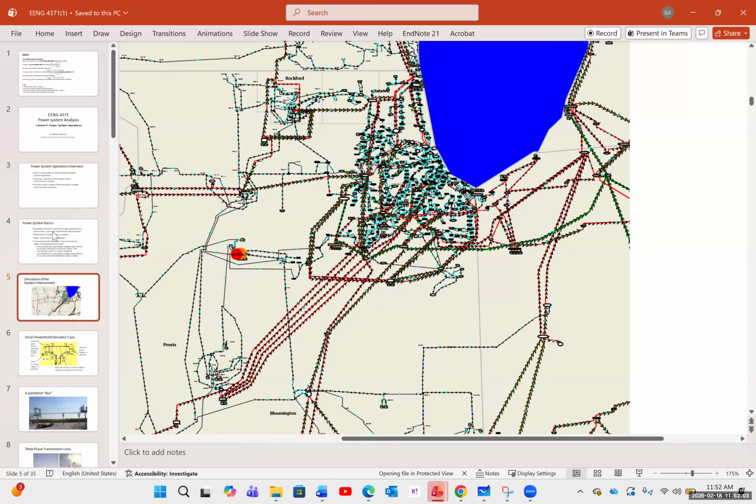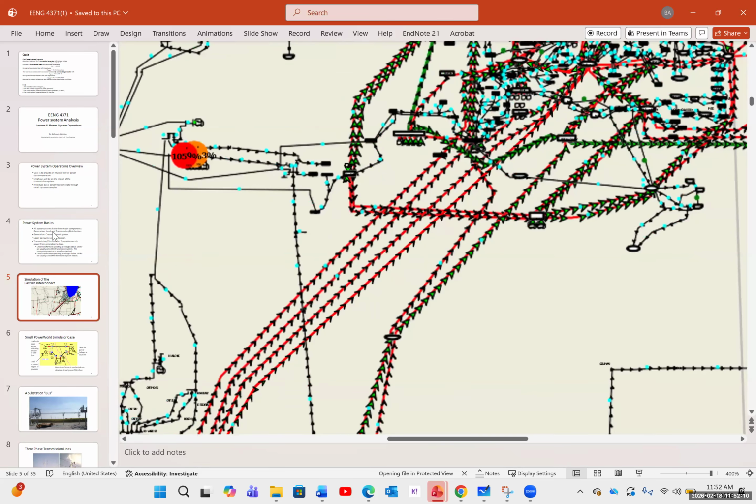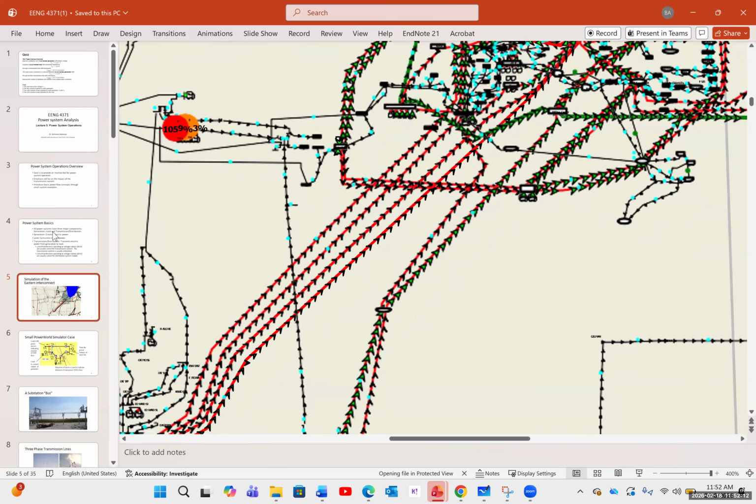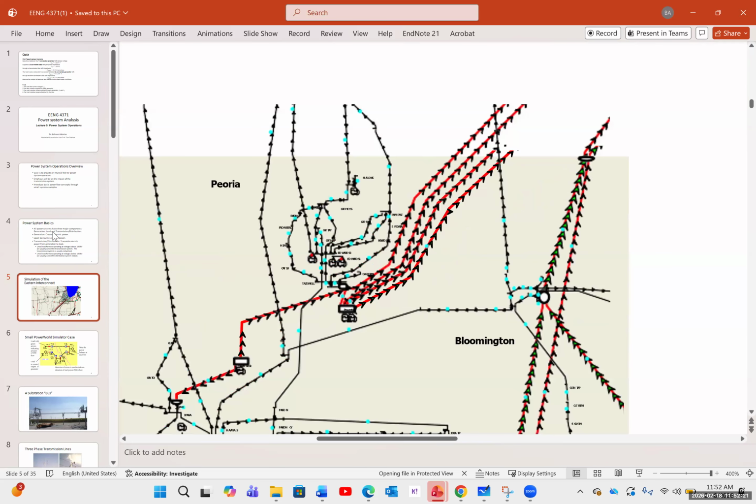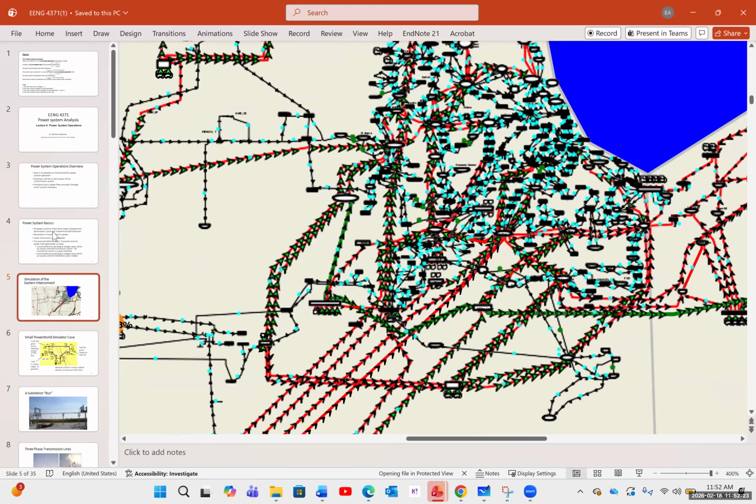Blue means it's like a 70 kilovolt. Each of these is color-coded, and the direction of the flow is shown. It usually starts from a generator. You can see the generations, and then it ends at the distributions and the loads.